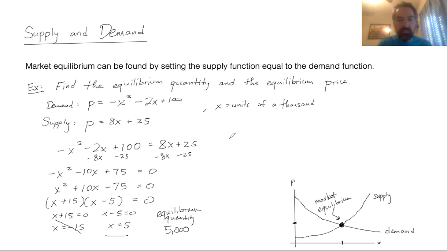So plugging 5 back into the supply function, we get 8 times 5 is 40 plus 25, that's 65. All right, so I should set my price to be $65 to reach the market equilibrium and produce 5,000 units.